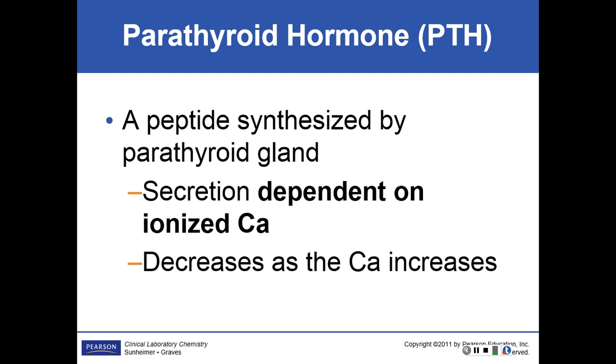Parathyroid hormone is a peptide from the parathyroid gland, and its secretion is dependent on our ionized calcium amount. Inversely proportional. It decreases when this ionized calcium is increased because we don't need it. We have enough of the active free ionized form.